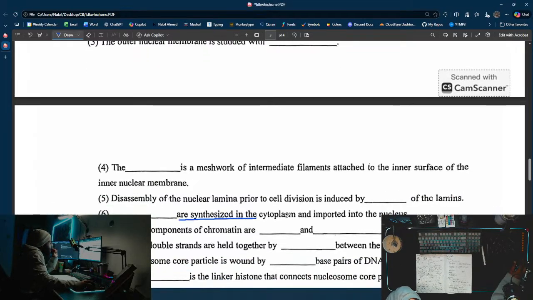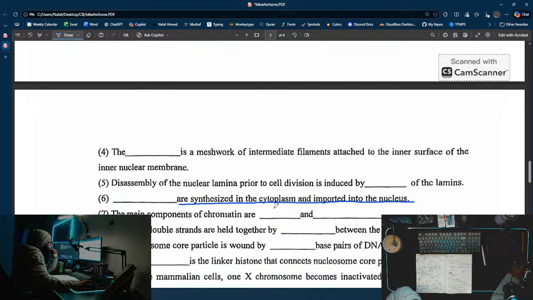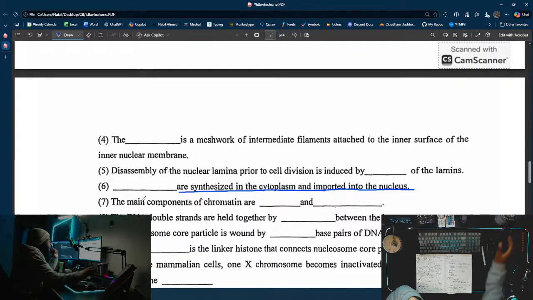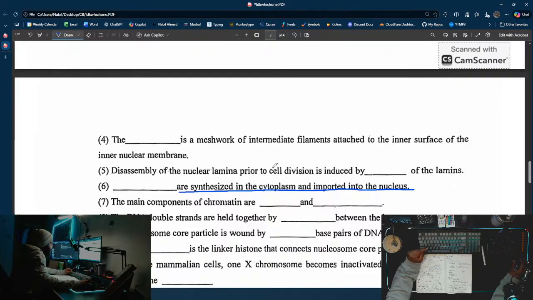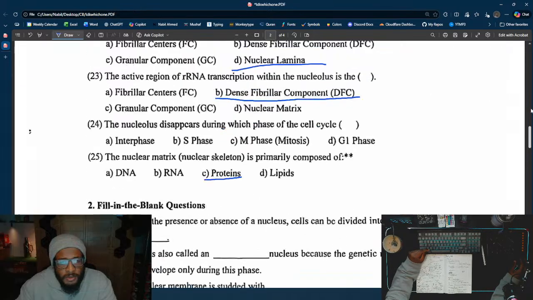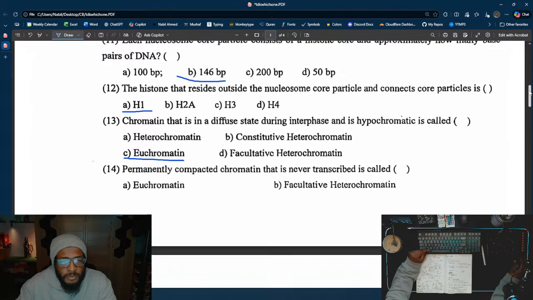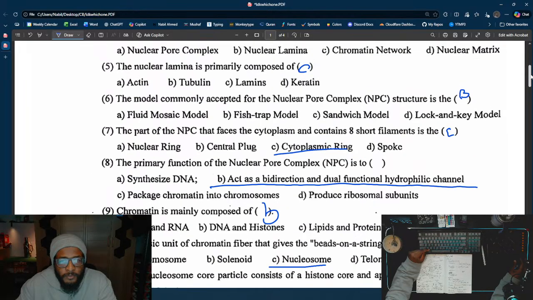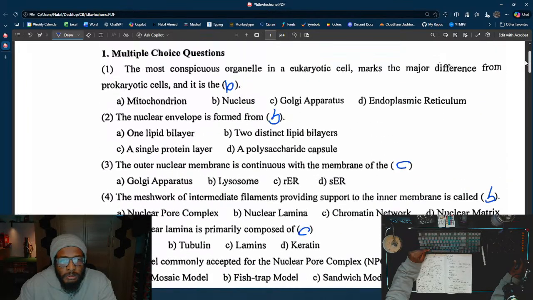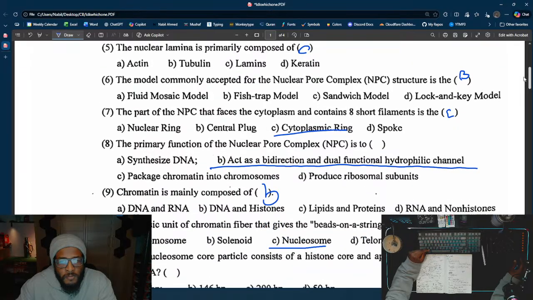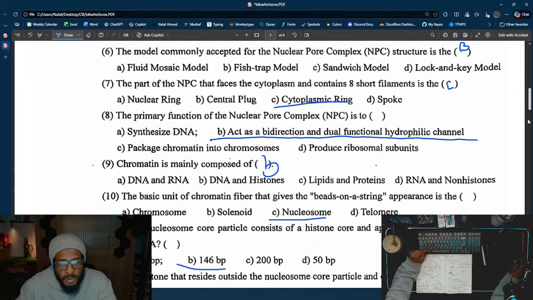Proteins synthesized in the cytoplasm and imported into the nucleus are karyophilic proteins. The main components of chromatin are DNA and histones, like we answered earlier.